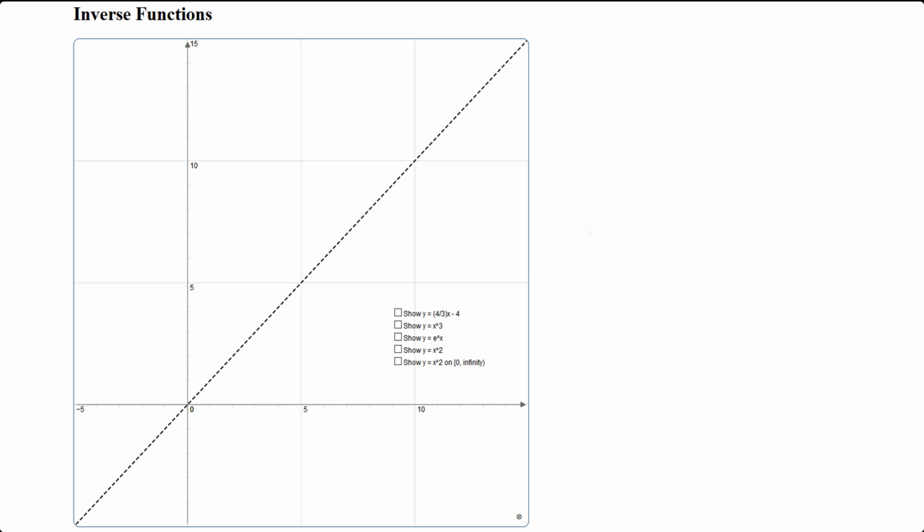The first thing I'm going to do is show you a linear function. So I have the graph of y equals 4/3 x minus 4. Now, a graph is called a function if it passes what's called the vertical line test.